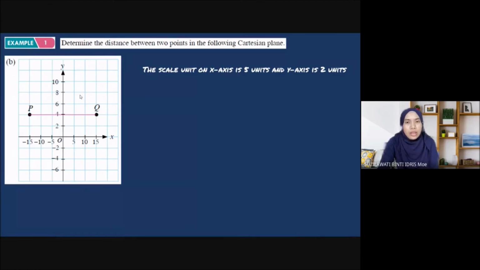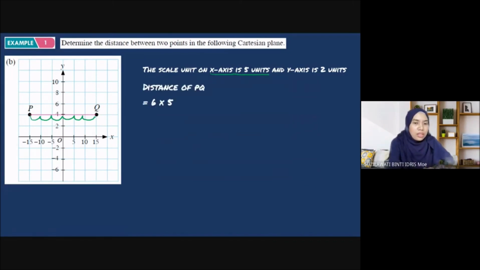Different for x-axis and y-axis. So you have to be careful. This one, the distance between P and Q is 1, 2, 3, 4, 5, 6. And it mentioned there, x-axis is 5 units. So kita kena kira 6 times 5.